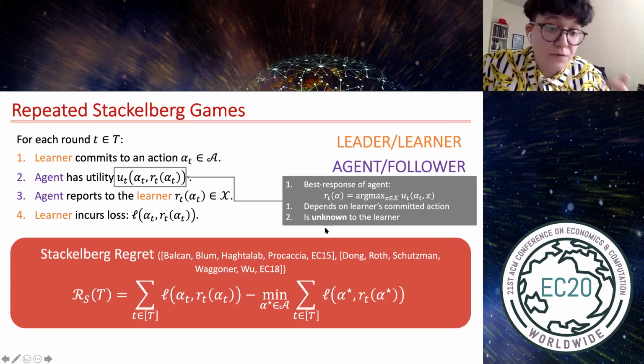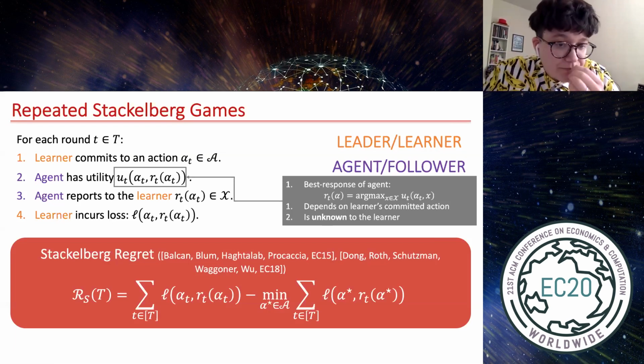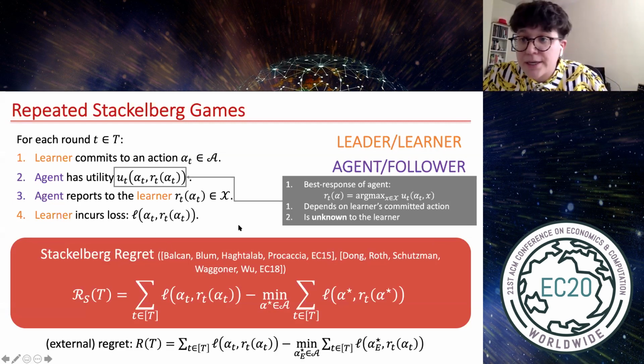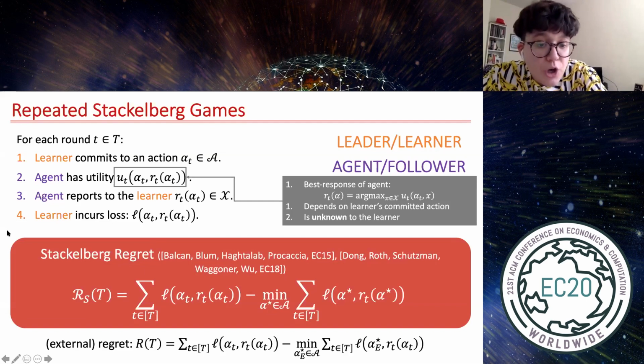It's the notion of Stackelberg regret, which, and I want you to contrast this with the notion of external regret that Nika talked about yesterday. So in Stackelberg regret, what we are trying to optimize is the difference between the loss of the learner, if you give the opportunity to the agents to best respond, minus the loss of the learner of the best fixed action in hindsight, but had you given the opportunity to the agents to best respond.